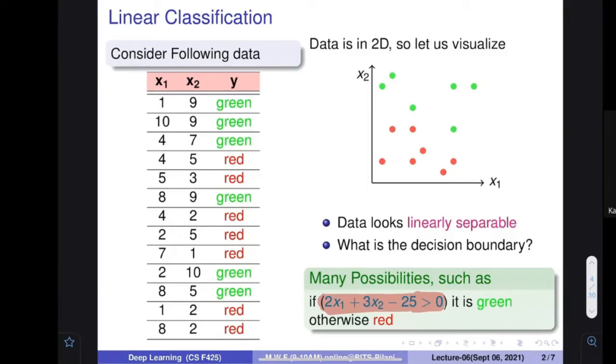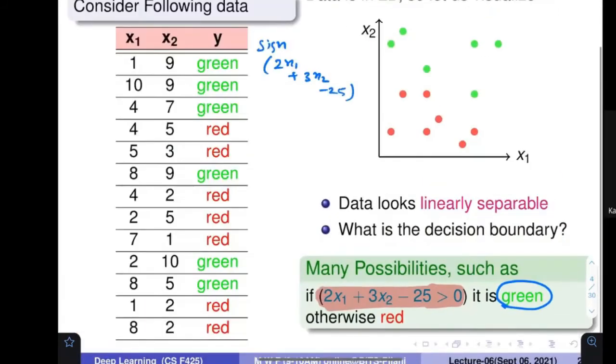If you put into this equation 2x1 plus 3x2 minus 25, and you see the sign of this, if it is greater than 0, if it is positive, then you say the item is green, otherwise the item is red. This is the simple equation. If somebody can tell you that this is the equation, then your task is done.